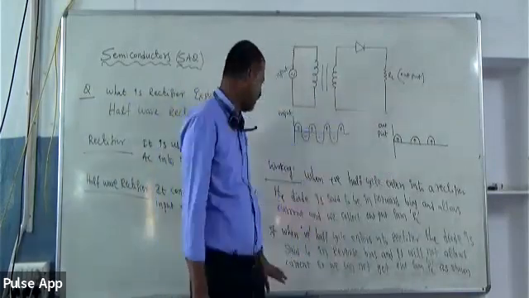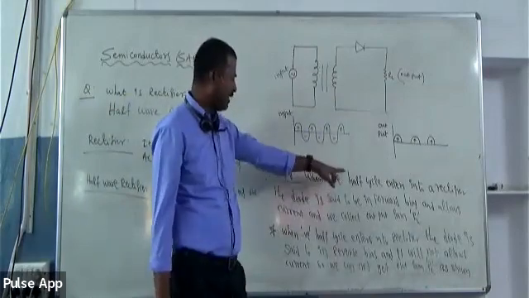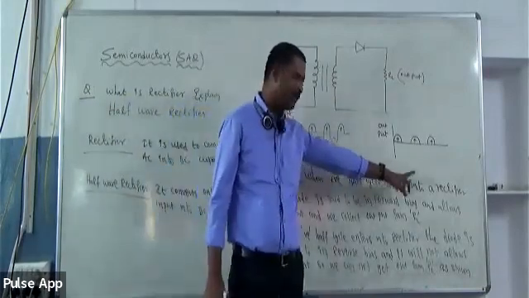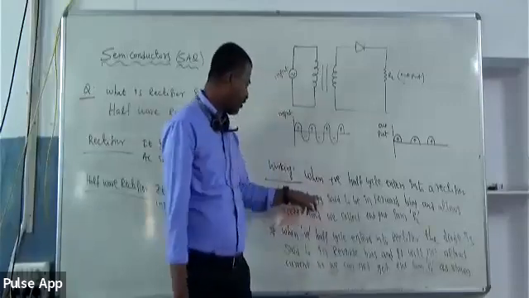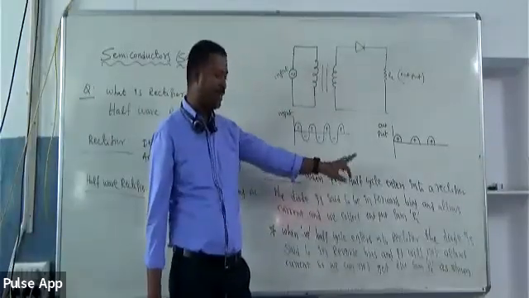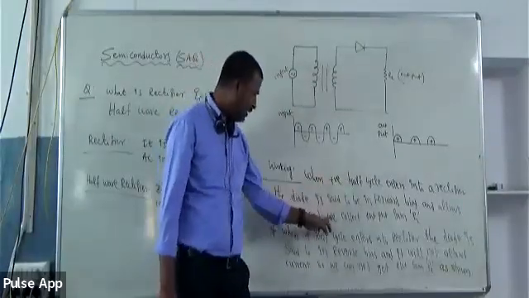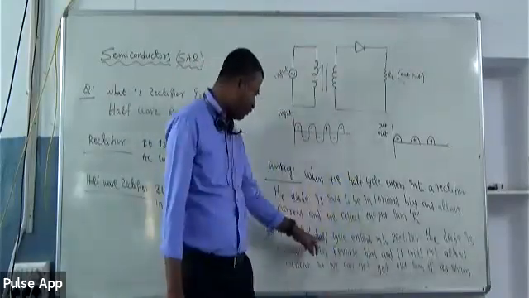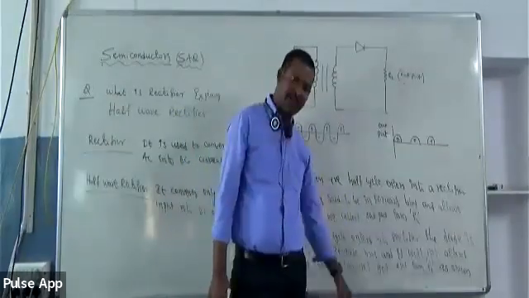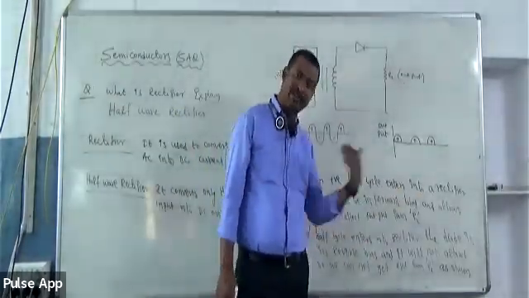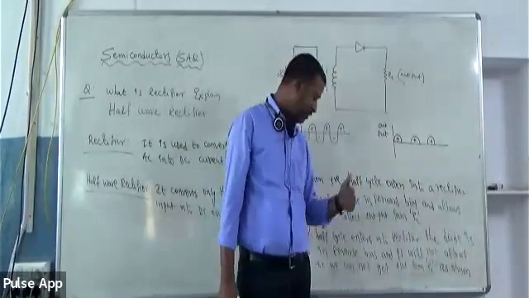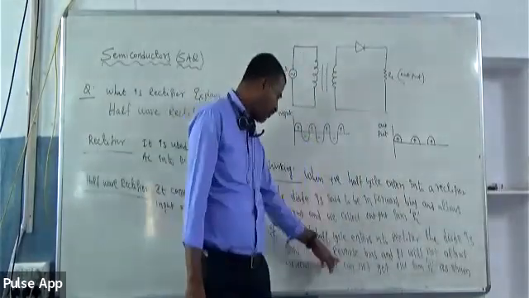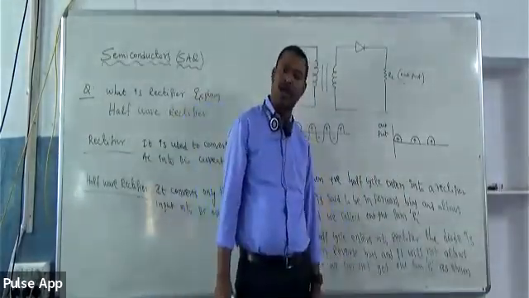The explanation is: when the positive half cycle enters into the rectifier, the diode is said to be in forward bias and allows the current, and we collect the output from RL. And when the negative half cycle enters into the rectifier, the diode is said to be in reverse bias. It will not allow the current, and so we cannot get the output from RL.